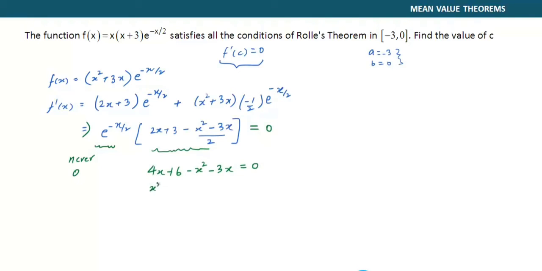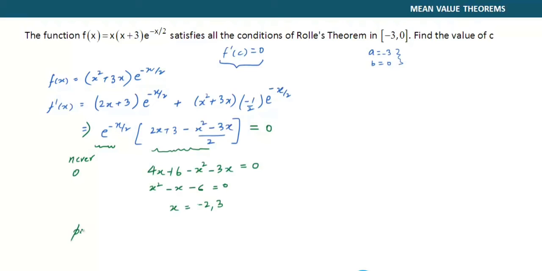Or you can say x square minus x minus 6 equal to 0. And this is a simple quadratic which will have two solutions. What solutions will it have? 3 and minus 2. So it will have solutions minus 2 and 3.